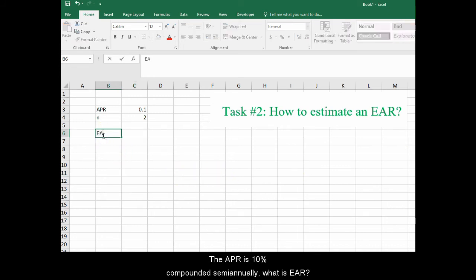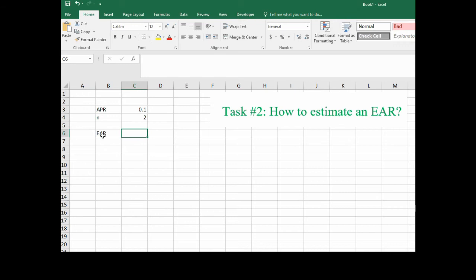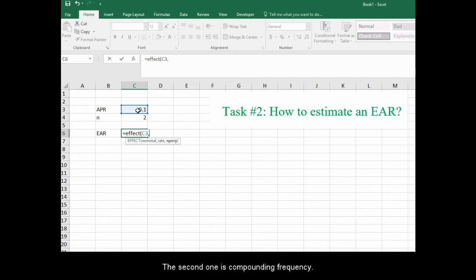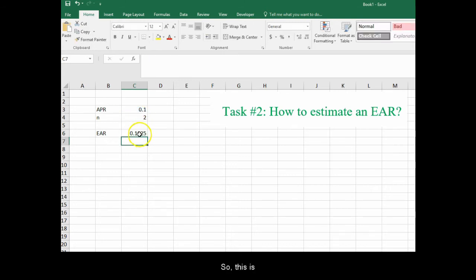So what is the EAR? In Excel, we can use the EFFECT function. The first input variable is called nominal rate, but a better name would be APR, annual percentage rate. The second one is the compounding frequency. So for APR 10% compounded semi-annually, the effective annual rate is 10.25%.